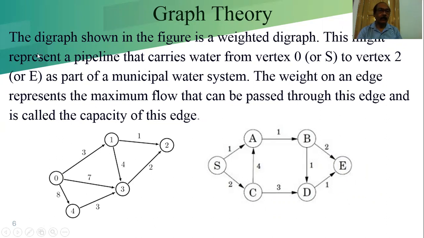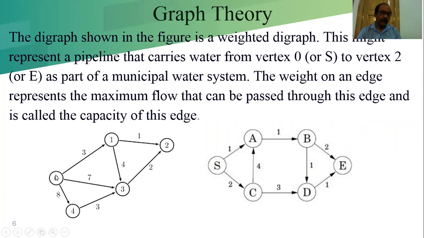Weighted graph. This might represent a pipeline that carries water from a vertex. The labeling is 0, 1, 2, 3, 4.